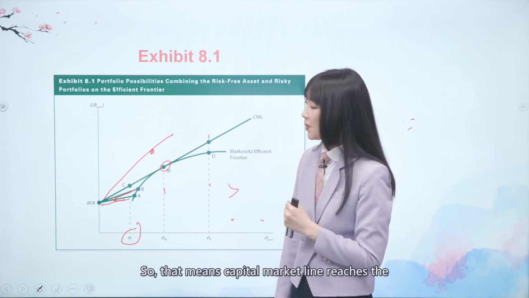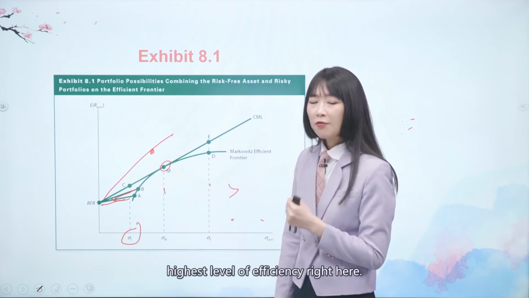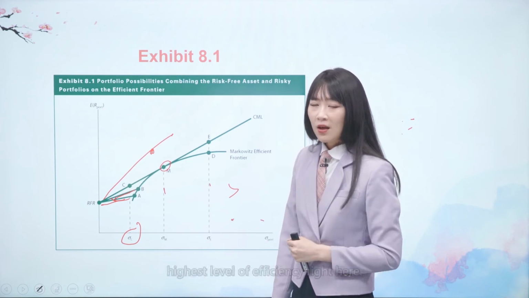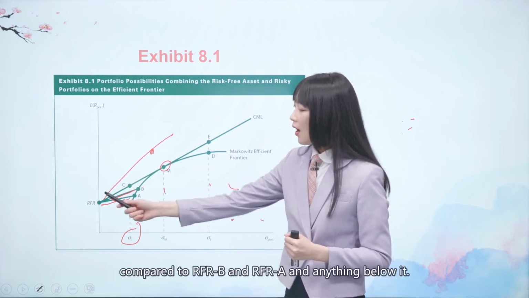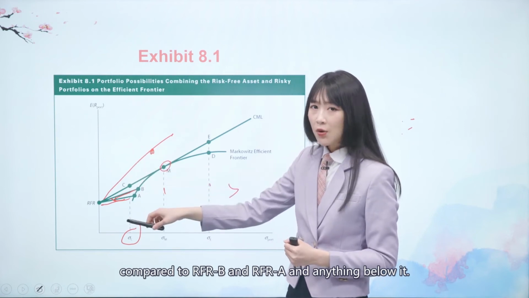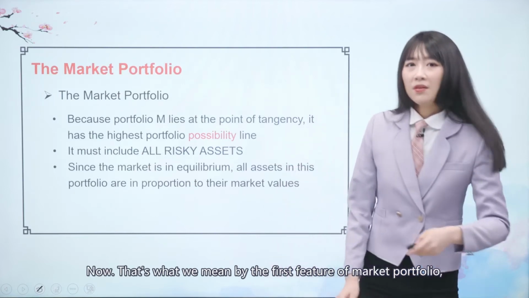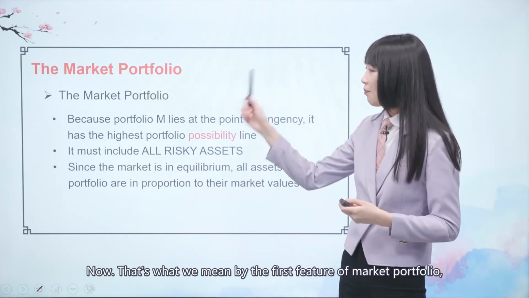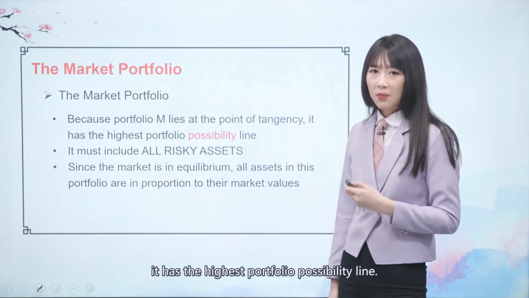So that means the capital market line reaches the highest level of efficiency right here. It represents a higher level of efficiency compared to RFRB and RFRA and anything below it. Now, that's what we mean by the first feature of the market portfolio. It has the highest portfolio possibility line.